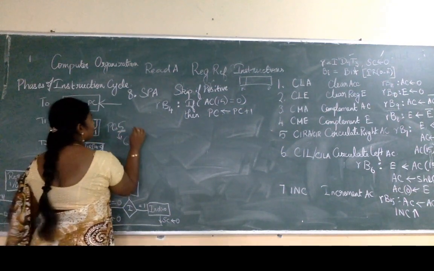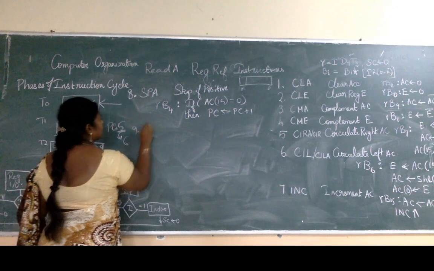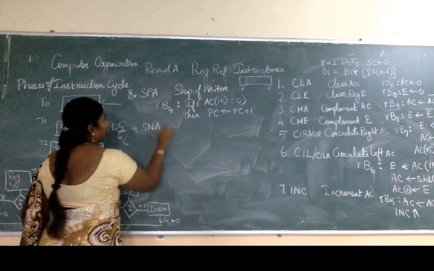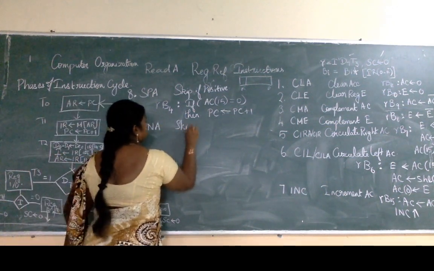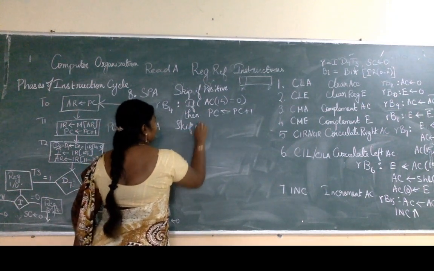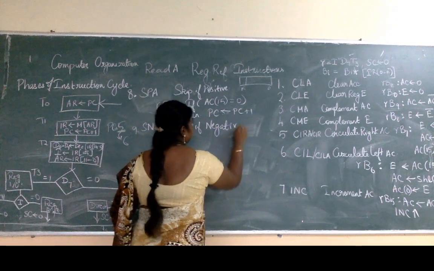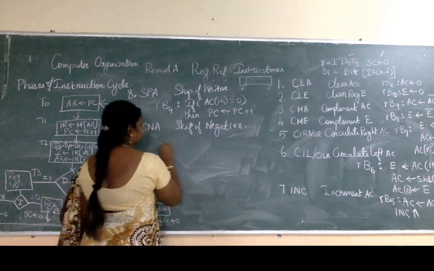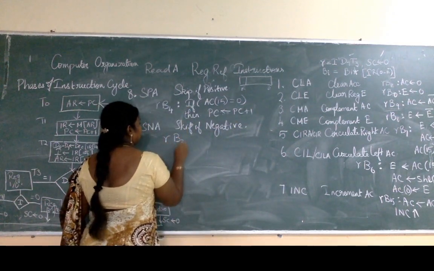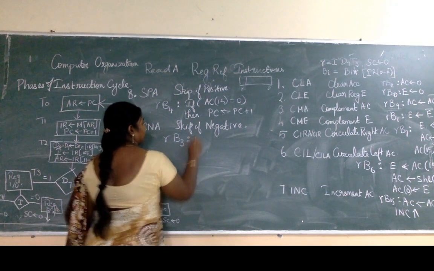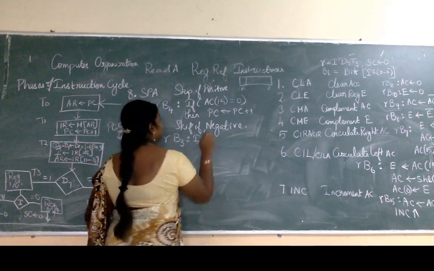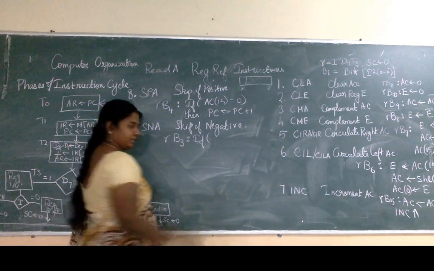Now tell me, how should I do the next instruction, which is SNA, skip if negative? It happens at RB3. What should I check here?